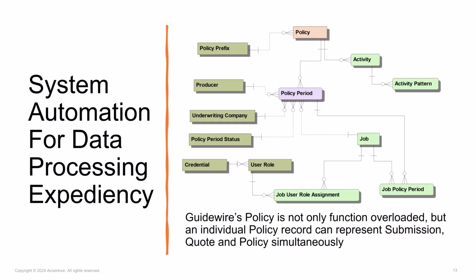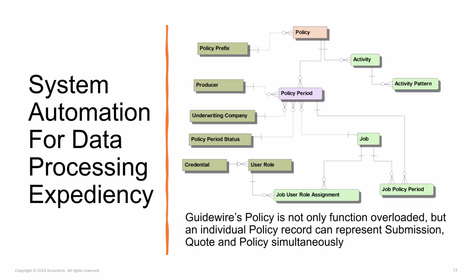is true of Guidewire. But Guidewire goes one step further, and it overloads individual records based on a progression of the sales process. An individual record can represent a submission, a quote, and a policy, depending on whether the submission requested for the quote was approved for quoting activity and whether or not the quote resulted in a policy.